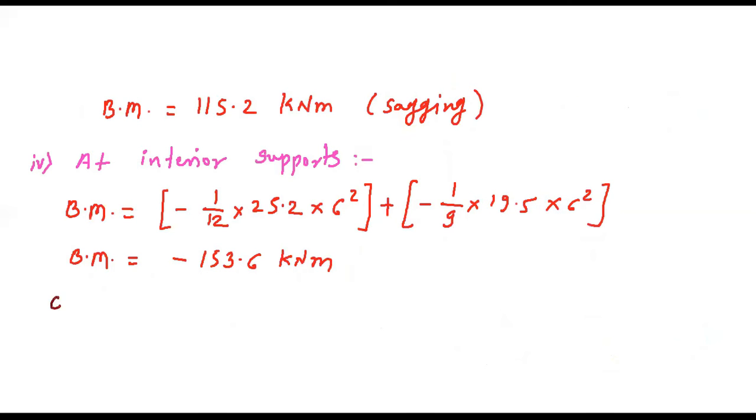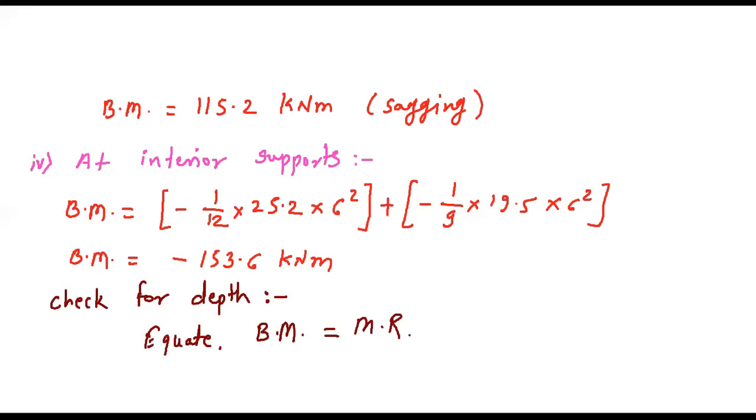So the next point is check for depth. To check the depth, we always equate our maximum bending moment to the moment of resistance. What is our maximum bending moment?